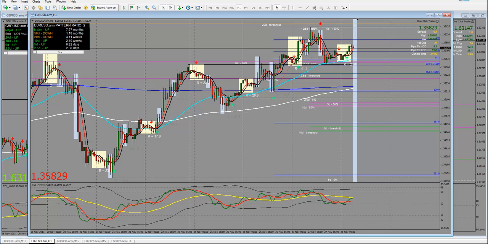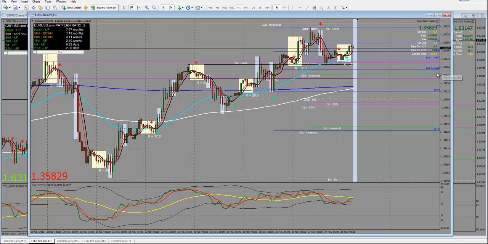Okay, so if we look at this level here, I'm looking at the 1.3550 level here to buy, and also we have the 2.5-day threshold. So I'm looking around. Let's mark this zone here to buy on the euro dollar, to buy around this zone here at the 1.3550 level.